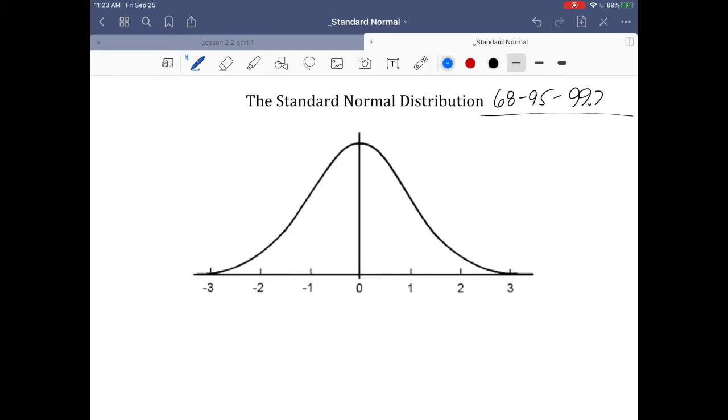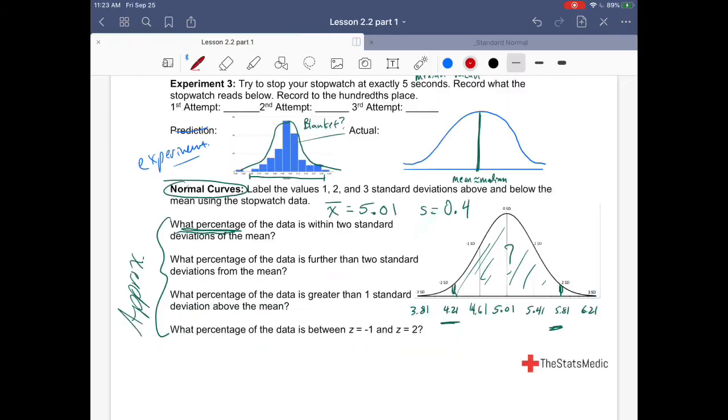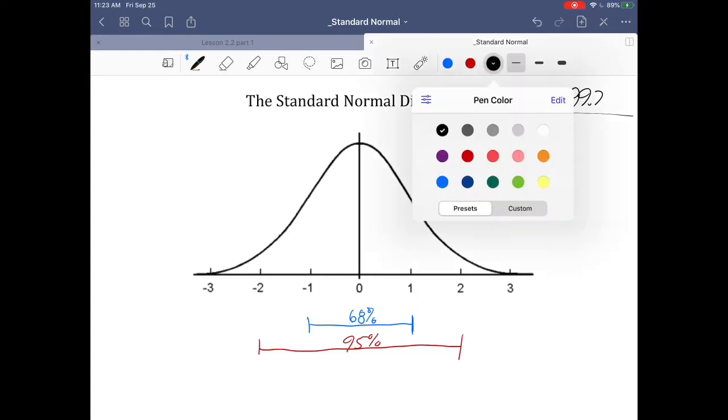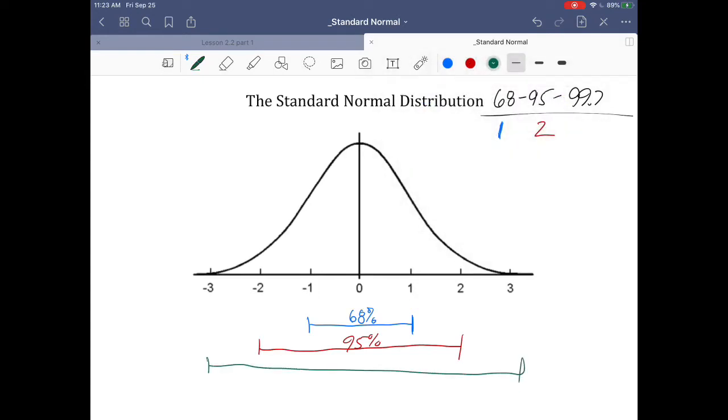And what that is saying is that 68% of normally distributed data falls within 1 standard deviation of the mean. 95%, remember, most, 95% of data falls within 2 standard deviations of the mean. And you guessed it, 99.7% of data falls within 3 standard deviations of the mean.